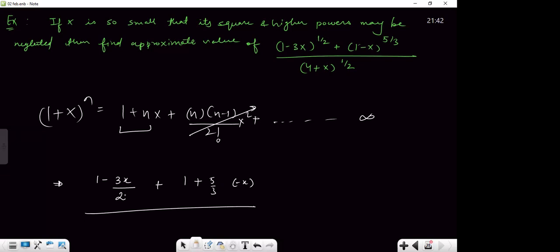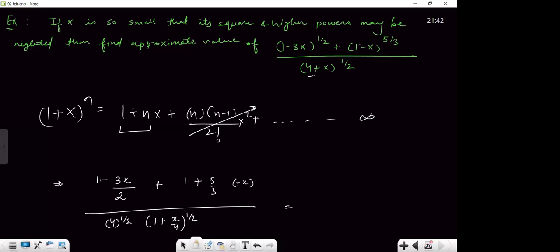Now here we need to consider one thing, that we'll have to make 1 here. So we'll take 4 common with its power half. Then it becomes (1 + x/4)^(1/2) times 4^(1/2), which is basically 2.